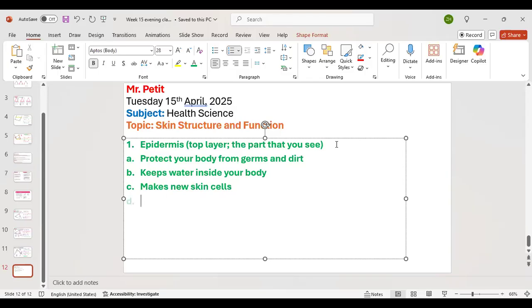And it contains what? Start with M. Melanin. Very good. What is the purpose of melanin? It gives your skin its color and protects it from UV rays. Melanin is a natural pigment, kind of like paint.